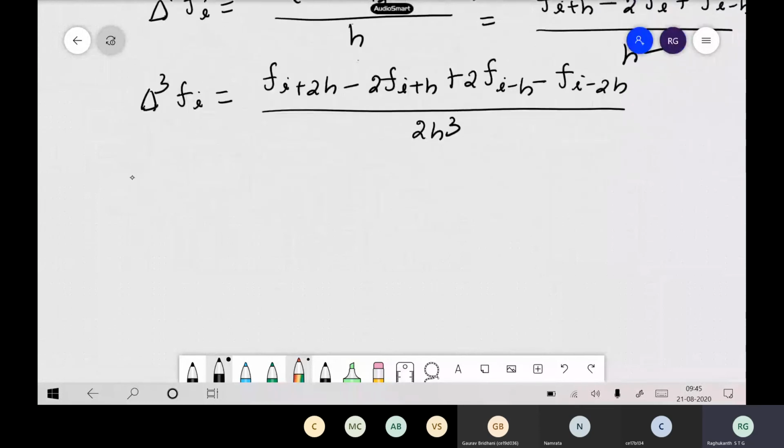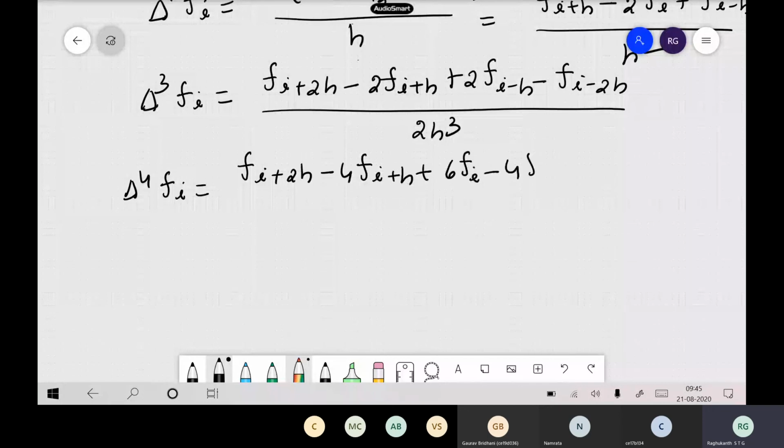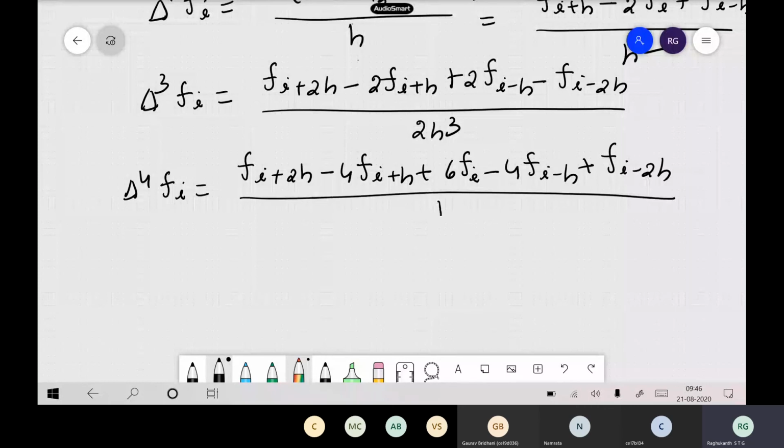Similarly the fourth derivative, because our order is the fourth order ODEs we are dealing with here. This becomes f of i plus 2h minus 4 f of i plus h plus 6 times f i minus 4 times f of i minus h plus f of i minus 2h by h to the power 4 actually.